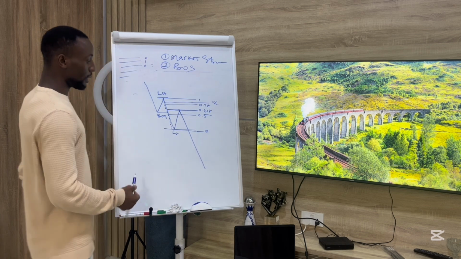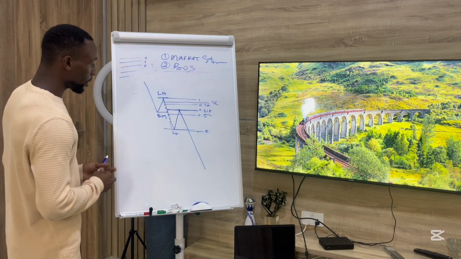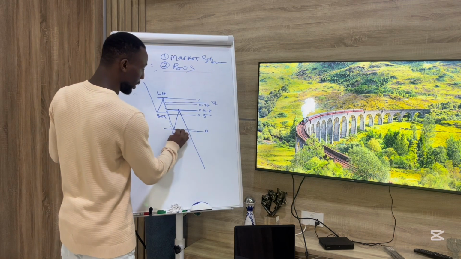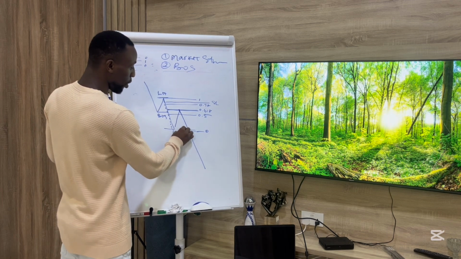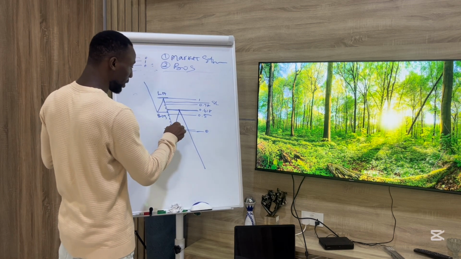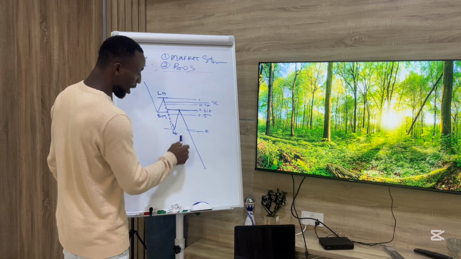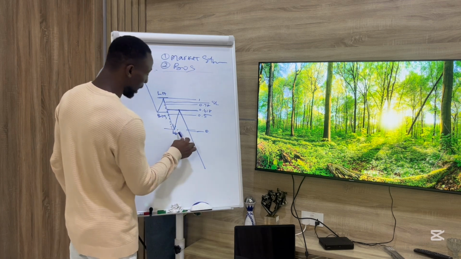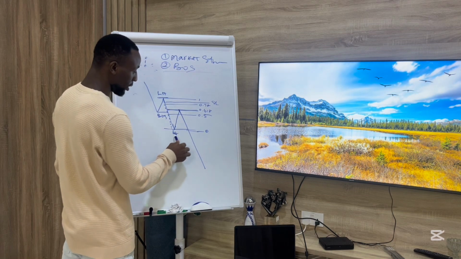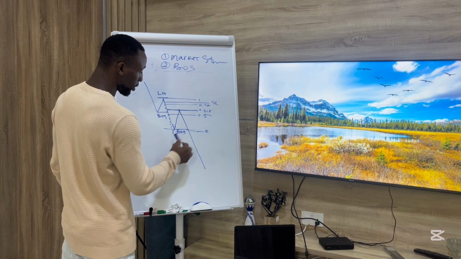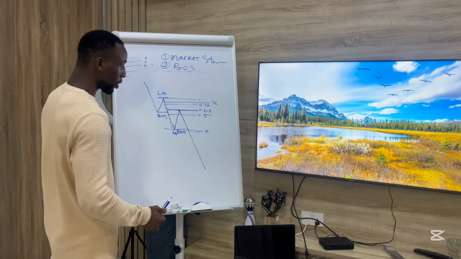So you should see the market falling back down again. And once this market has fallen back down, you observe again another break of structure, because this lower low has been violated. Now that this lower low has been violated, it created a what? BOS, the break of structure.